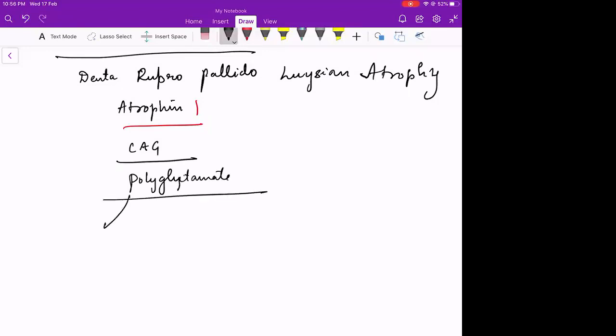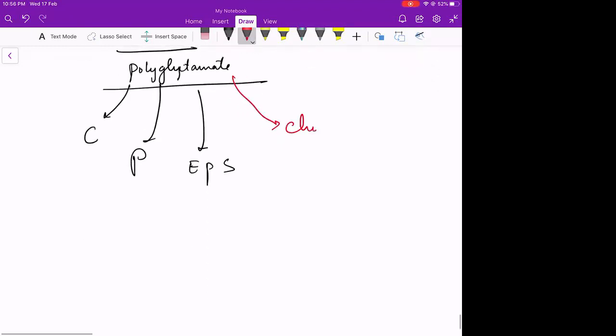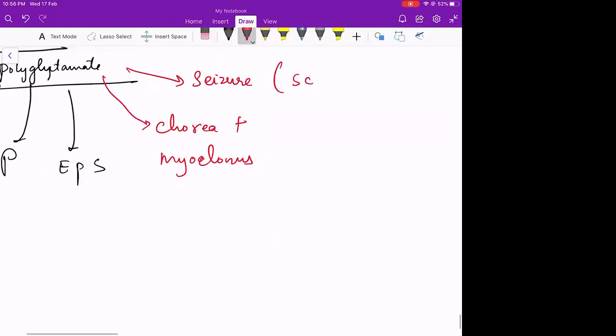Hence, the patient will have cerebellar, pyramidal, extrapyramidal symptoms, and the important one here, the patient will have chorea also. Some have myoclonus also, and seizures also, which we had seen in SCA7.